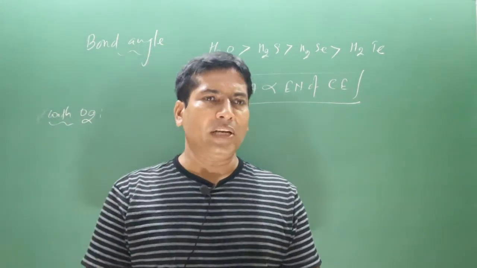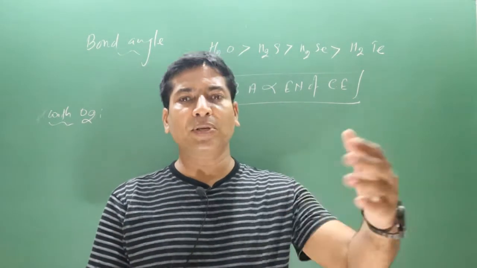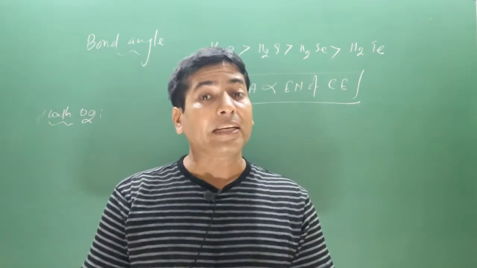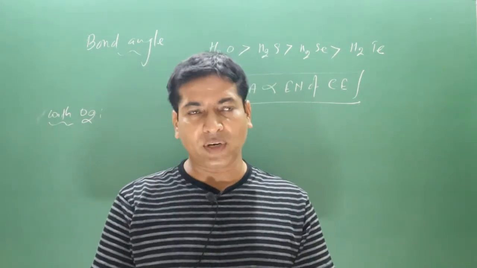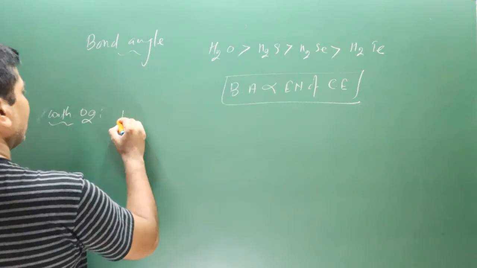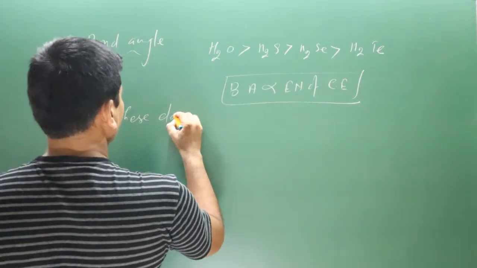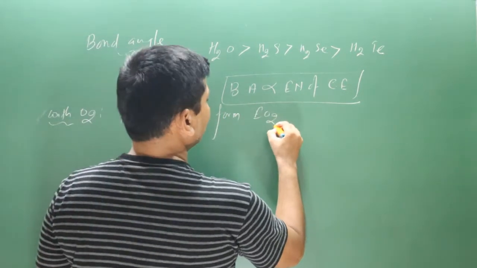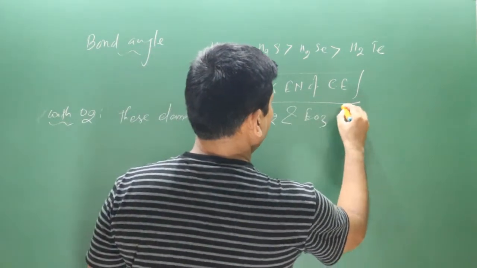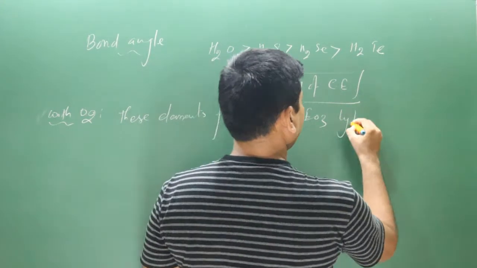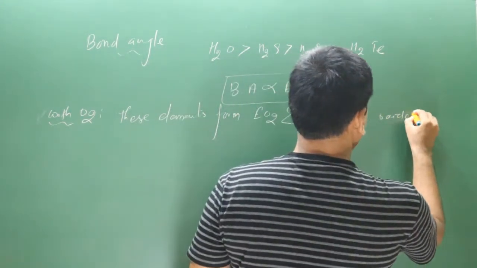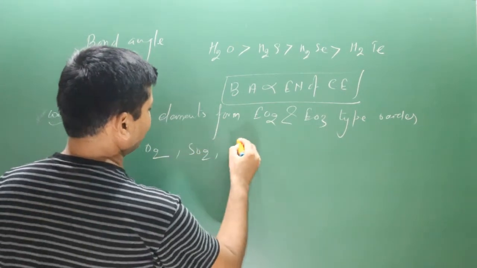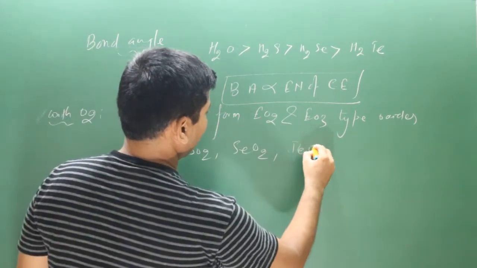In general, the elements present in the oxygen family form EO2 as well as EO3 type oxides, dioxides as well as trioxides. For example, we have SO2, SeO2, TeO2.